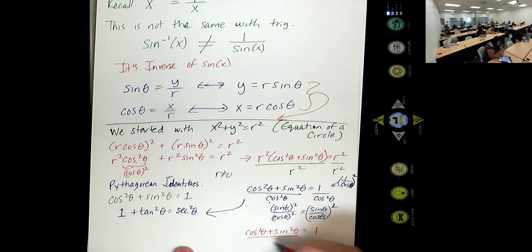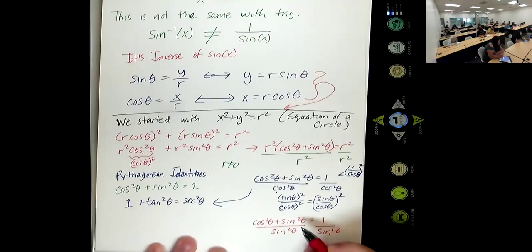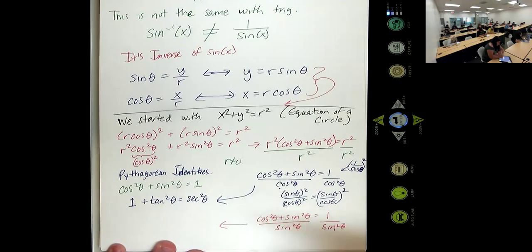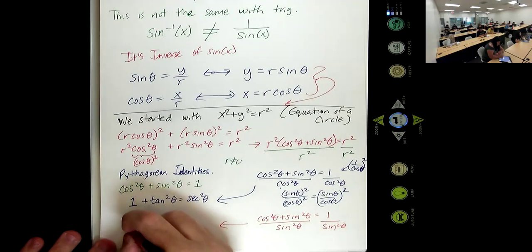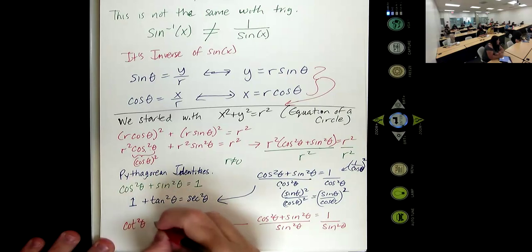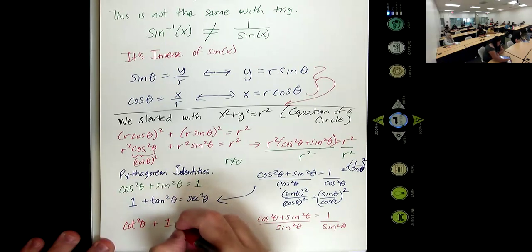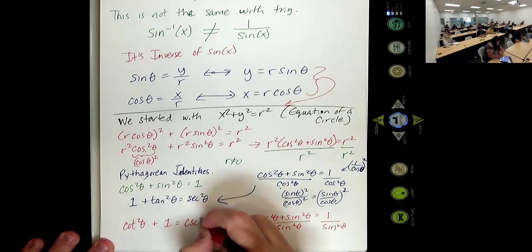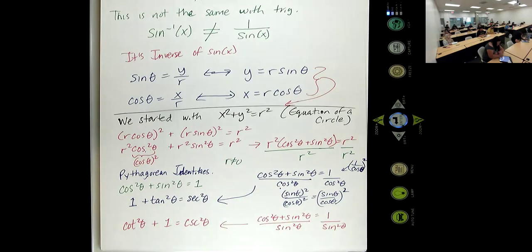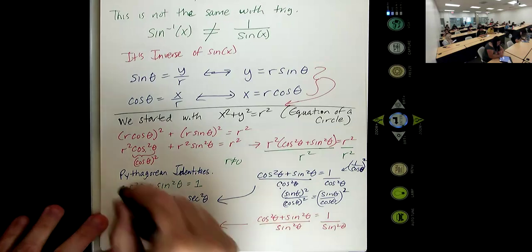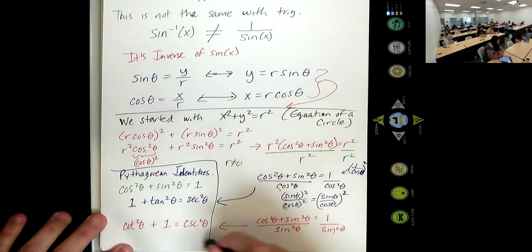This time we'll divide by sine squared. The same idea happens. We get cotangent squared theta plus 1 equals cosecant squared theta. These are the 3 Pythagorean identities for trigonometry.